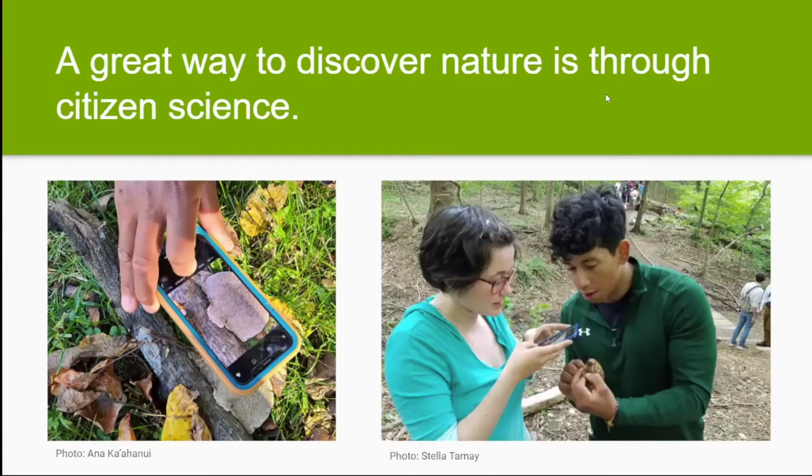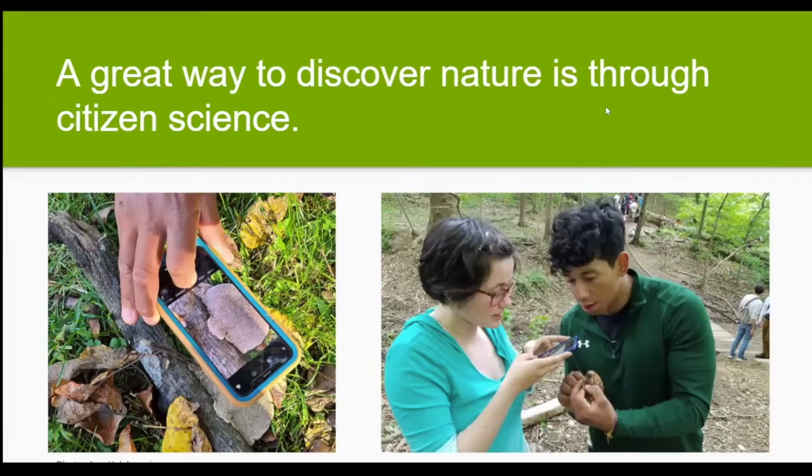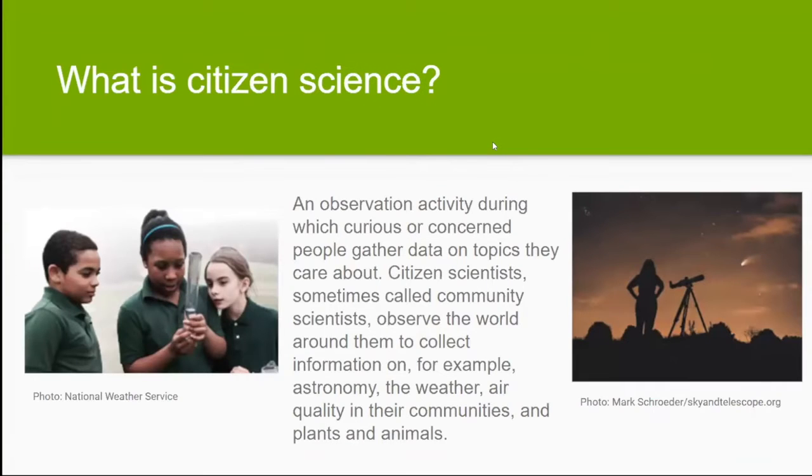So citizen science, what is that all about? Citizen science is a lot of different things to different people. First of all, it's a great way to discover nature. Citizen science is an observation activity, and regular people like you and me can do it, and we collaborate with professional scientists in doing it.